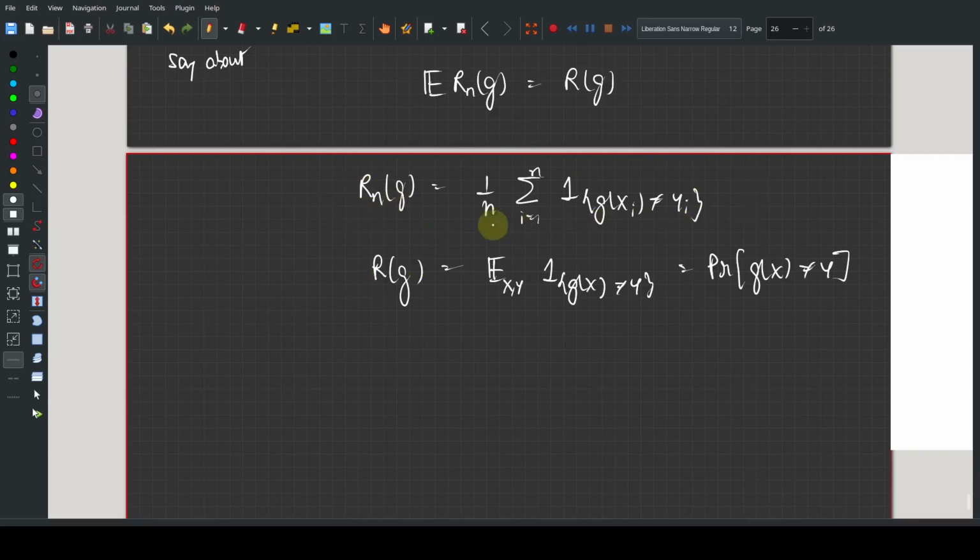So what kind of a function is Rn of g? It's a sum of n IID Bernoulli random variables, right? So I can just use Chernoff one. So what can I say about the probability that Rn of g minus R of g is greater than or equal to delta? Let me use epsilon here.